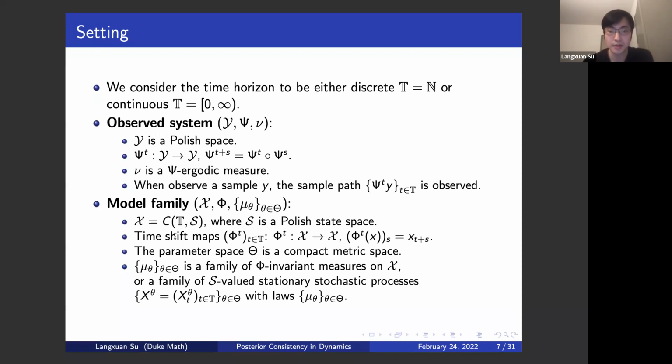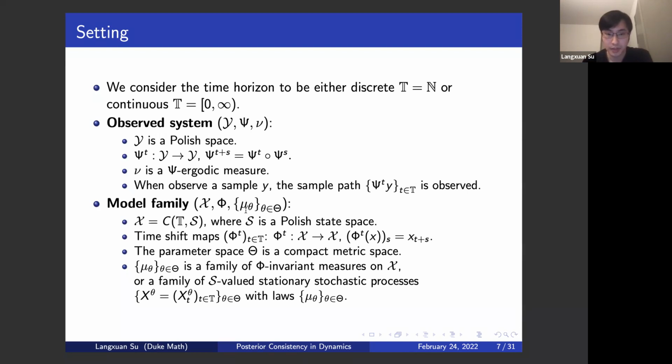And on the path space, the natural dynamics is the time shift maps. So you can shift your process forward in time by any amount. And then we also have a family of parametrized measures where the parameters come from some space, which we only assume is a compact metric space.